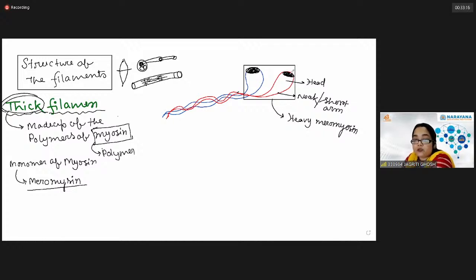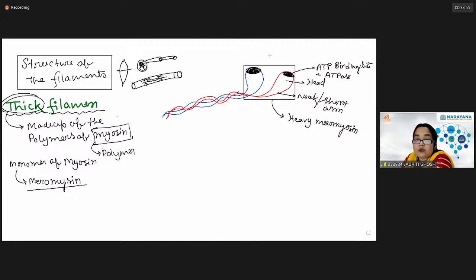Okay, so this is the ATP binding site, which has ATPase. ATPase is a protein which breaks ATP.